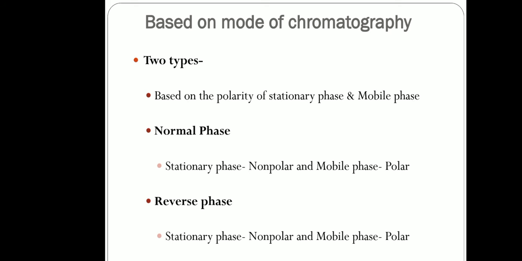And third is based upon the mode of chromatography as normal phase and reverse phase. So this is the introduction part of chromatography: the definition and the common terms like stationary phase, mobile phase, elution, eluate, etc.